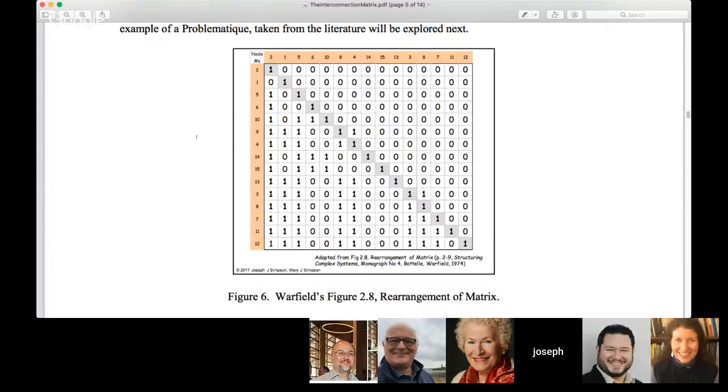So if we say that object 2 is connected to object 5, object 2 is connected to object 6. So this being a reachability matrix, it says that there's a pathway between these using connected to. Here it says that 8 is connected to 3, and here it says 3 is connected to 8.